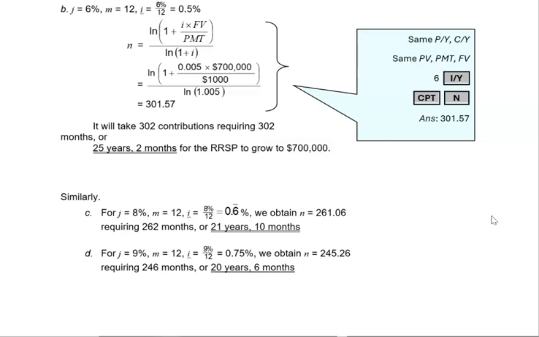For 9%, we require 246 months for our RRSP to grow to 700,000, or 20 years and 6 months. Okay, so remember to convert the months over to the number of years.